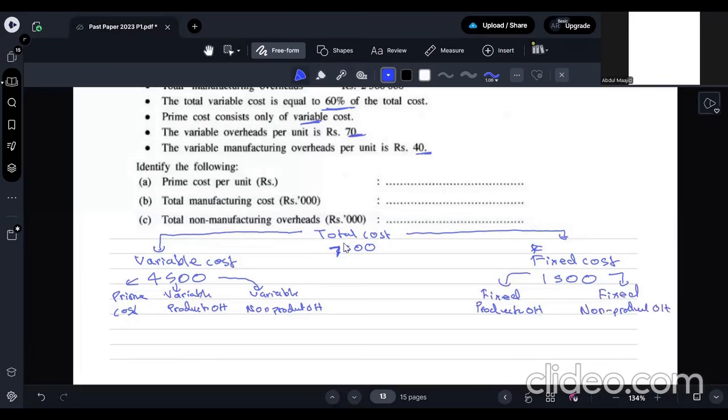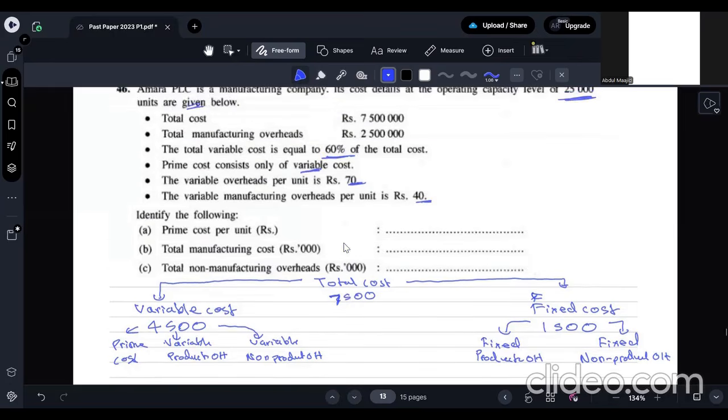Okay, now here they are saying the variable overhead. Variable overhead means the total production and non-production overhead per unit is 70. Okay, the variable manufacturing overhead is 40. So if variable overhead is 70 per unit and variable production overhead is 40 per unit, the variable non-production overhead is 30 per unit.